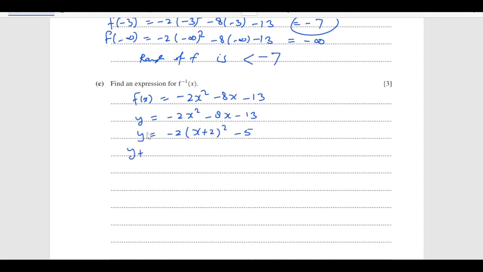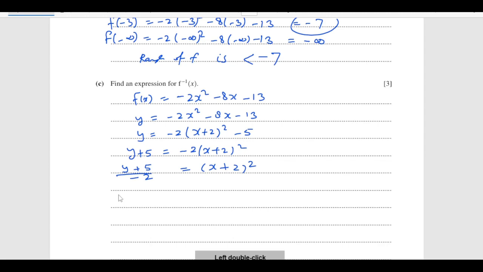So y plus 5 is equal to -2 into (x plus 2) squared, right. So (y plus 5) over -2 is equal to (x plus 2) squared.